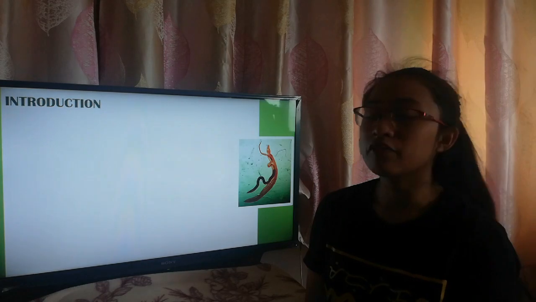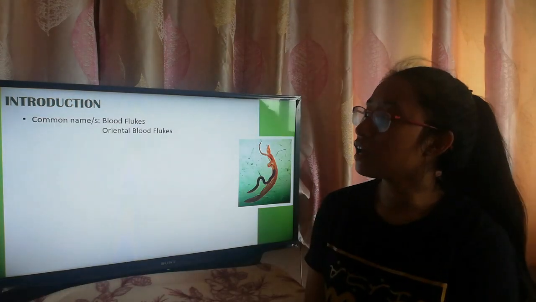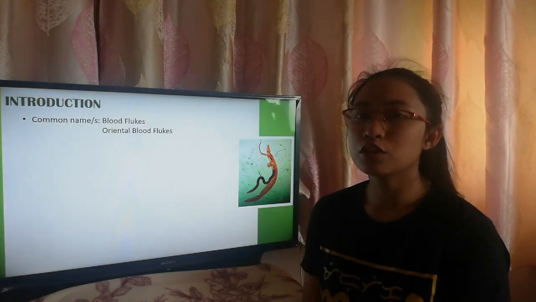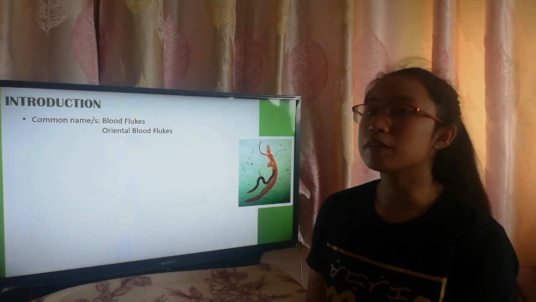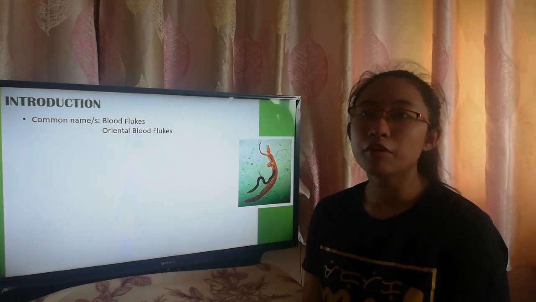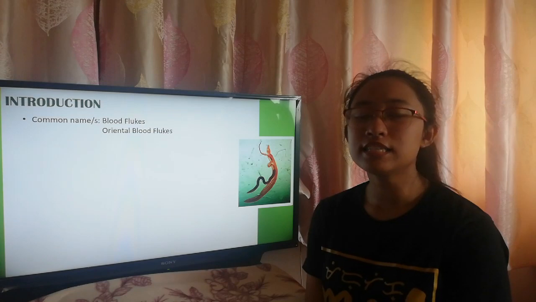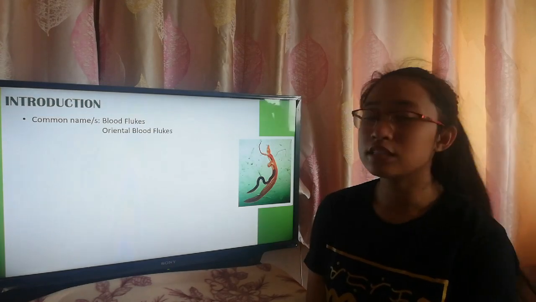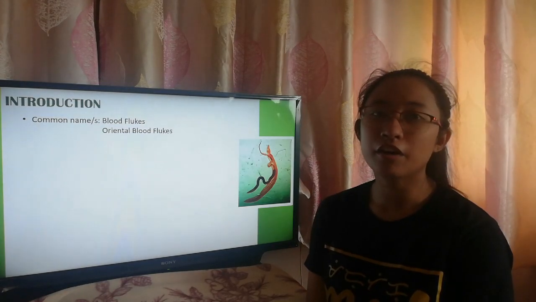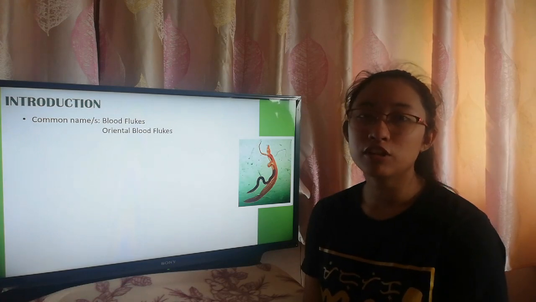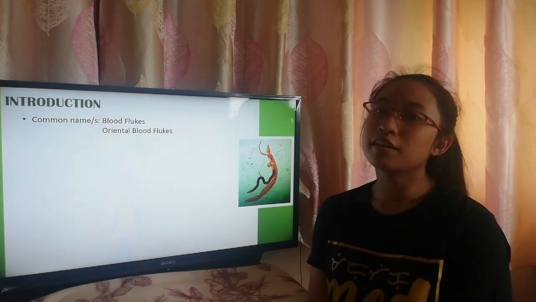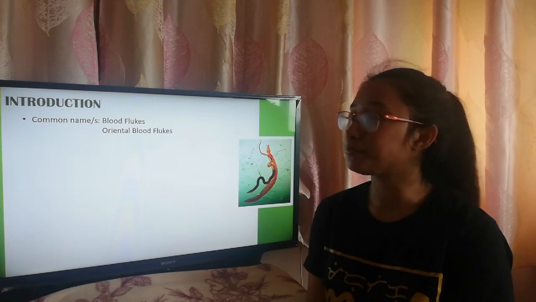For the introduction of this parasite, its common name is blood fluke, or oriental blood fluke. It is called oriental because it can be found in Asia, particularly in East Asia, and blood fluke because this parasite resides in our blood vessels or mesenteric venules, and they also use blood as their source of nourishment.